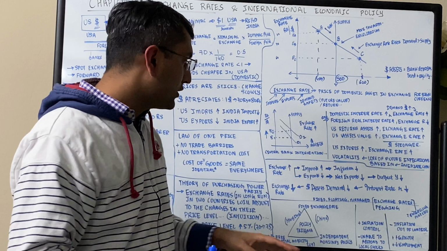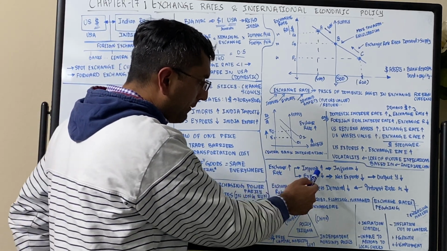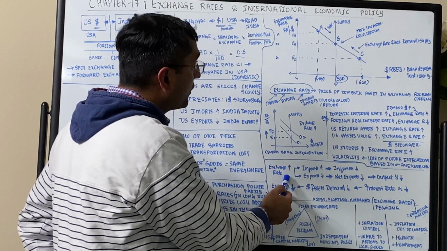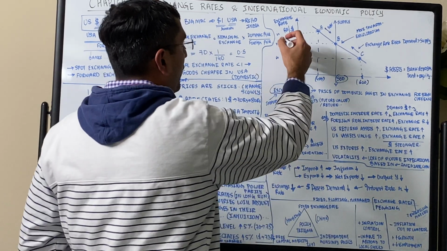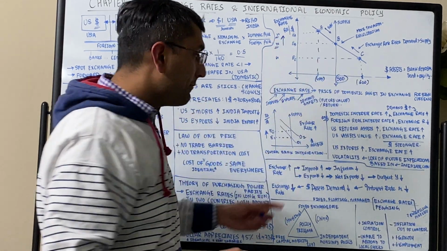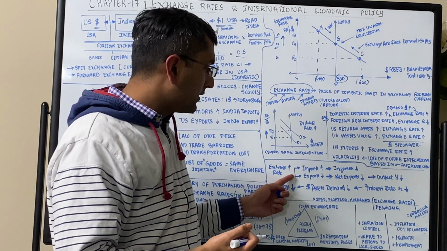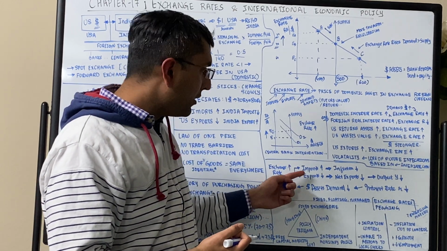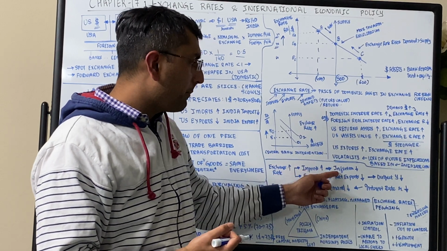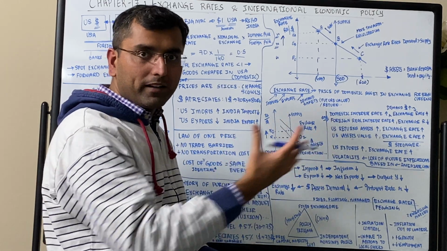So if you were to summarize all of this: if my exchange rate goes up, let's say from 70 to 80, I, as a United States citizen, can buy things cheaper. So I'm going to buy more, so my imports will go up. If my imports go up, my inflation will go down, because now I can buy things in a competitive market.